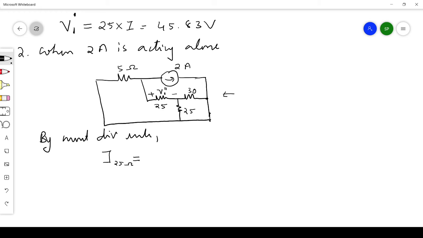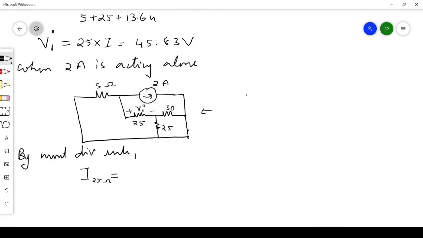Okay, to make you understand, I'll just redraw this diagram, because otherwise you won't understand, because one parallel combination is there here. So we can see this 30 and 25 are in parallel, okay. So I'll just do the parallel combination.